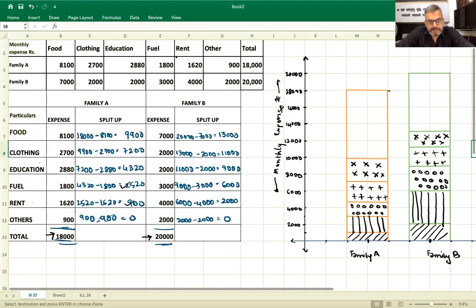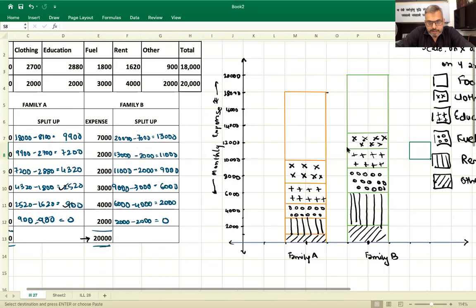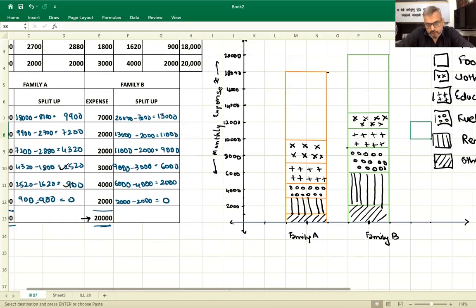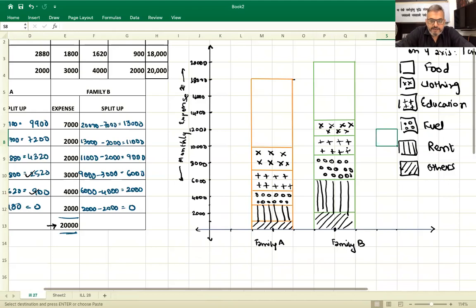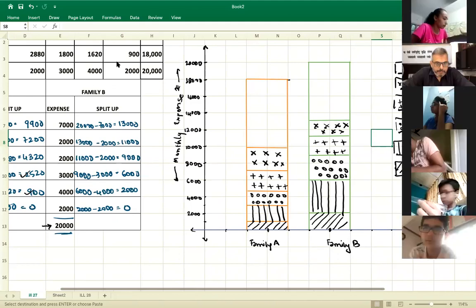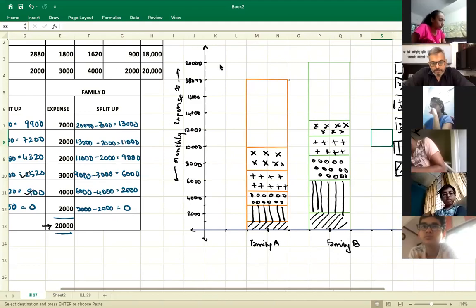Rent of family A is 1620, but family B is 4000. Then you can see next is fuel. So fuel में you can see family A is spending less as compared to family B. But over here, all of you please pay attention.